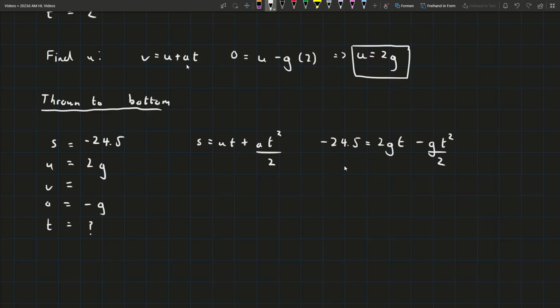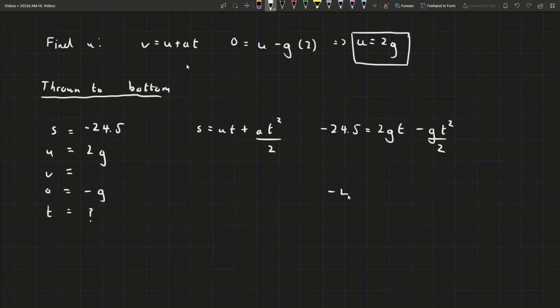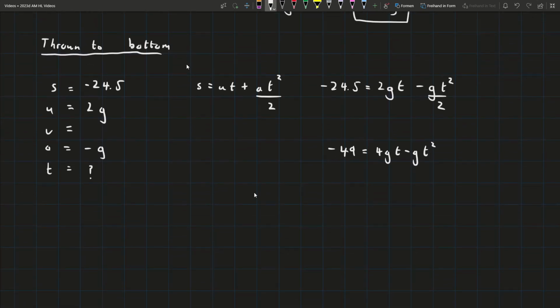We can multiply by 2 across. We'll get minus 49 equals 4gt minus gt squared. Rearrange it, bring it all to the left side. We'll get gt squared minus 4gt minus 49 equals 0.